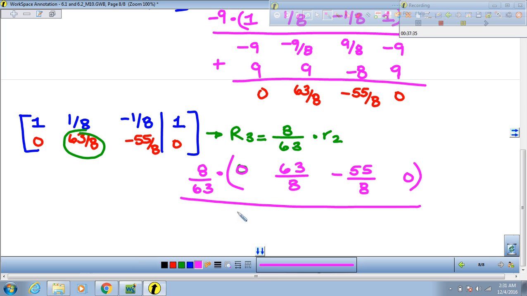So this is 8 over 63 times 0, 0. 8 over 63 times 63 over 8, it's a 1. 8 over 63 times negative 55 over 8 is going to be negative 55 over 63. And then 8 over 63 times 0 is going to be 0.